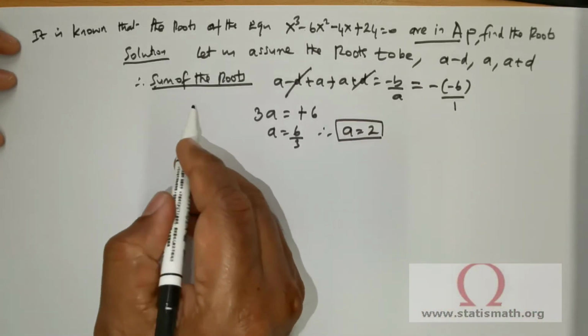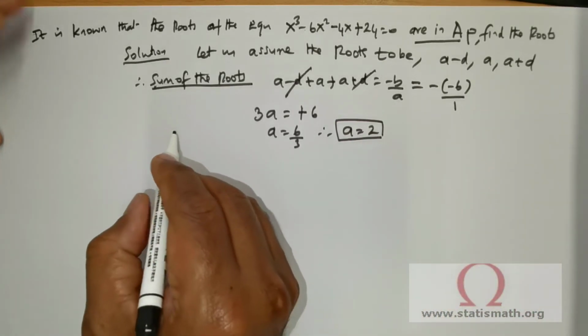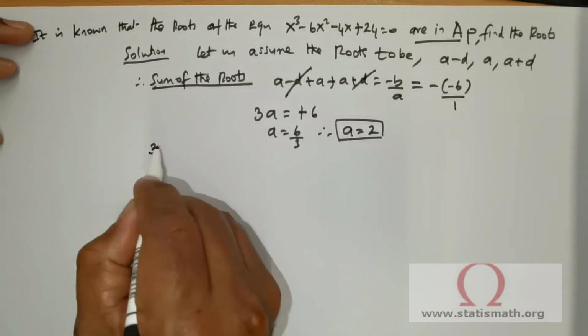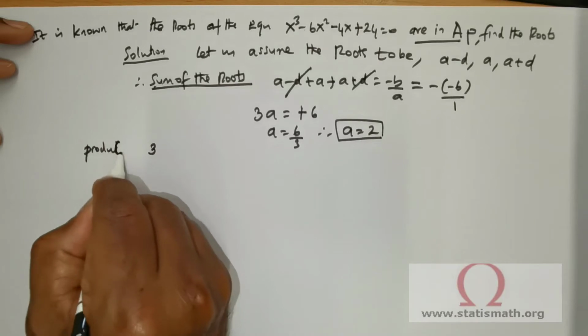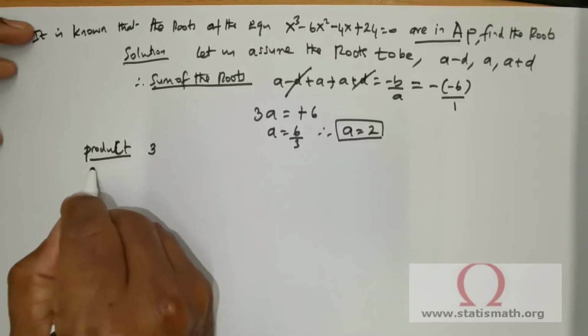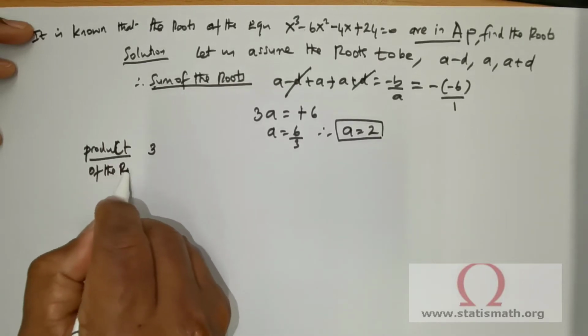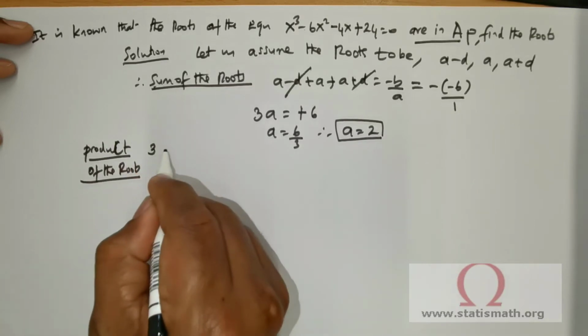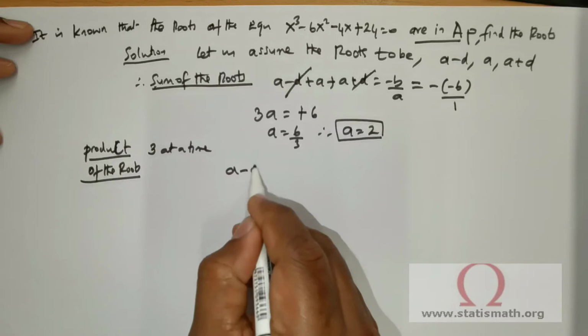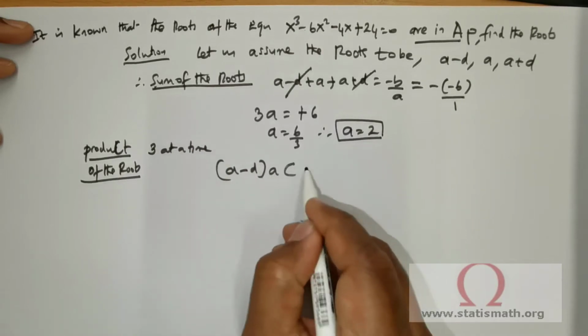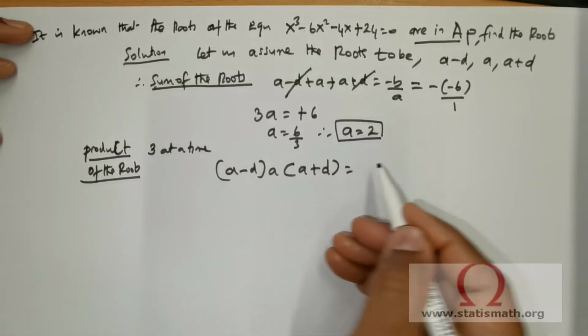So now instead of taking the sum of the roots 2 at a time, I would be taking the product of the roots 3 at a time. Okay, the product of the roots taking 3 at a time. So that would mean a minus d multiplied with a plus d multiplied with a.